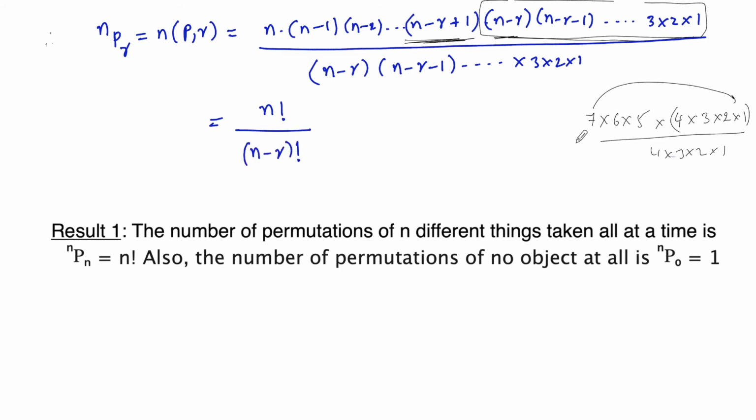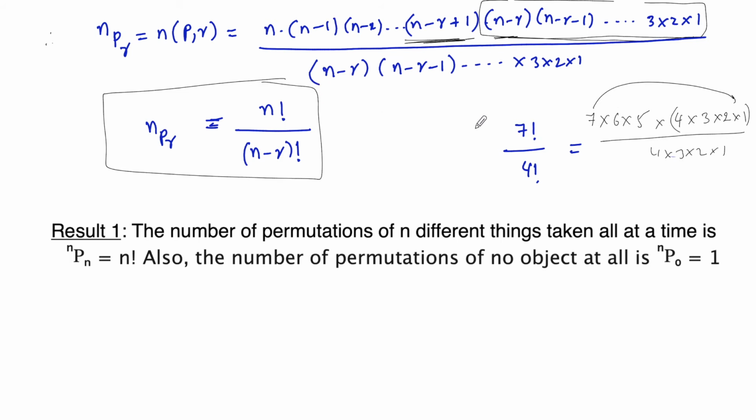So just like here in the example, 1 into 2 into 3 into and so on 7, the numerator is 7 factorial, and the denominator 1 into 2 into 3 into 4, that is 4 factorial. The same thing happened here. So we can write nPr is equal to n factorial upon n minus r factorial, means the number of permutations of n different objects taken r at a time can be given by n factorial upon n minus r factorial.